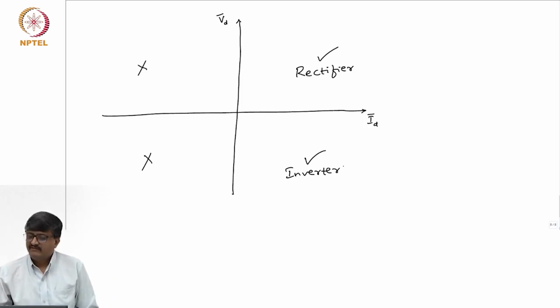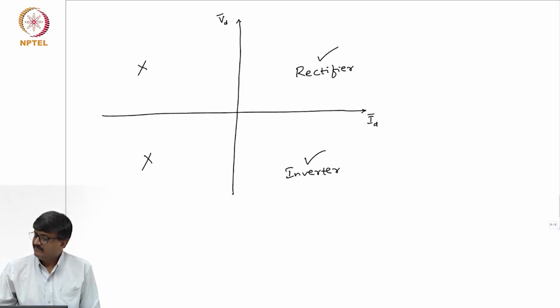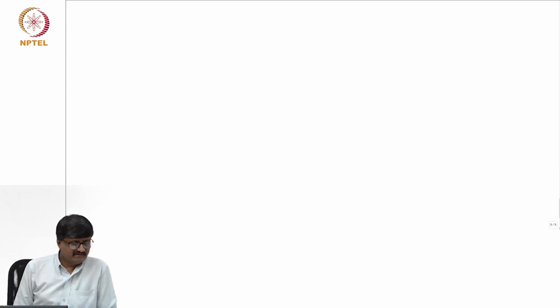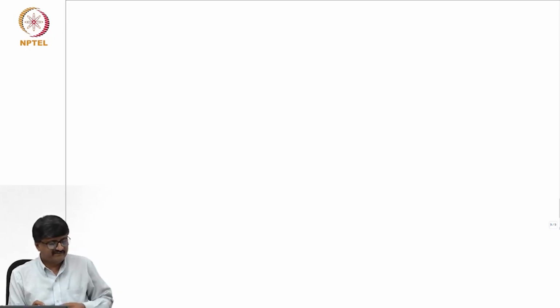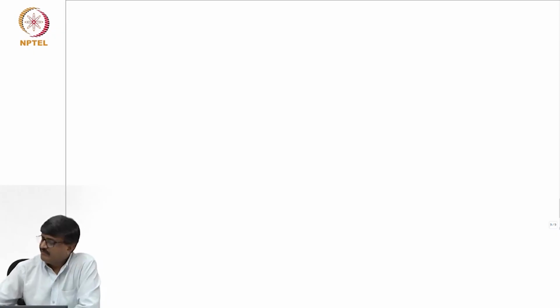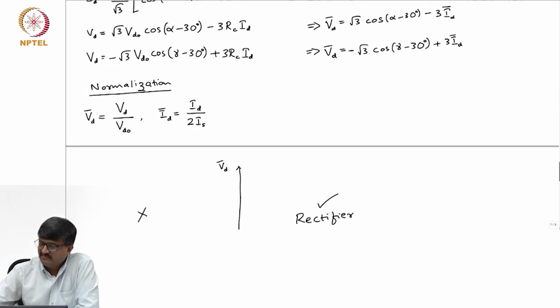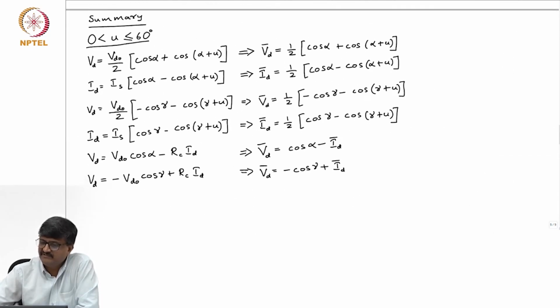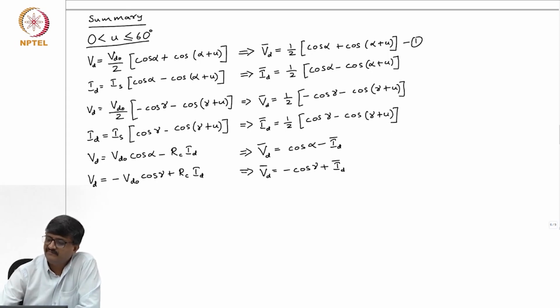So let us see whether we can try to get some characteristics in this plane ID versus VD. For that, I need to give some numbers for these equations. So let me call this equation number 1, the equation in per unit quantities.